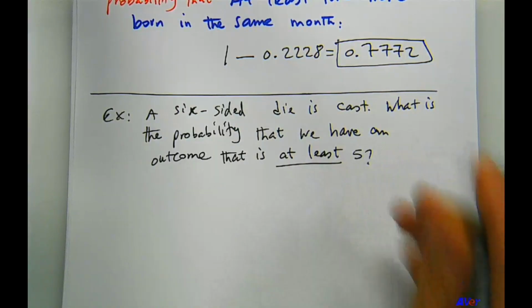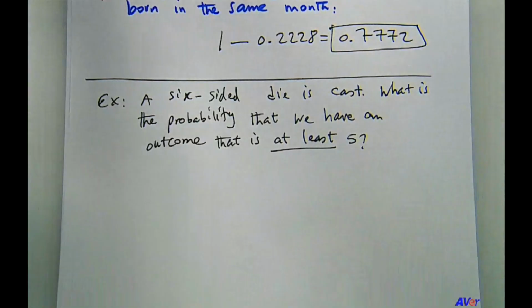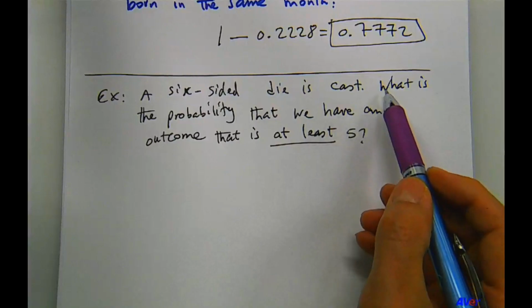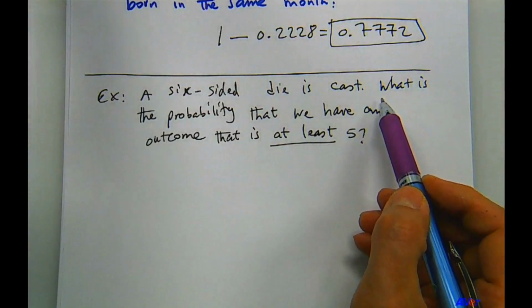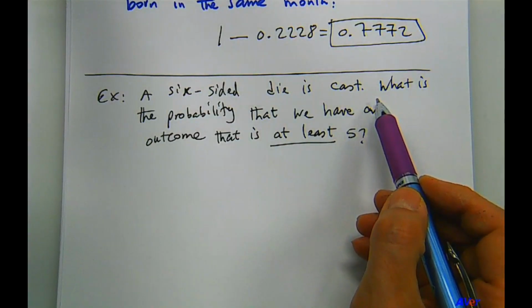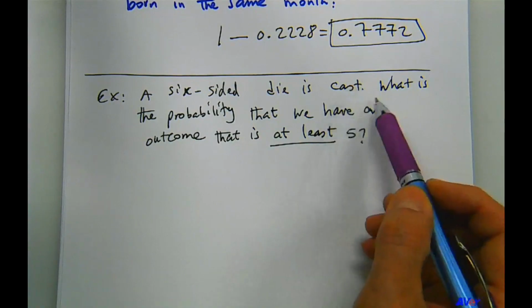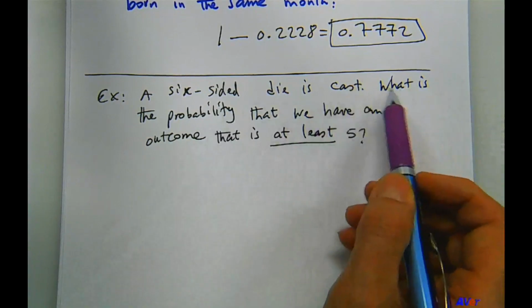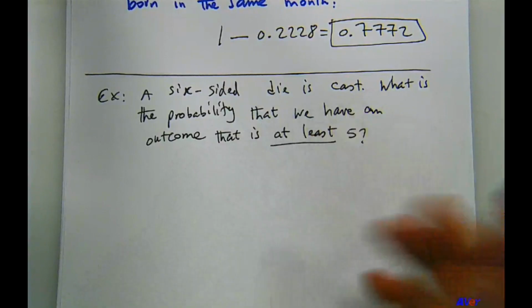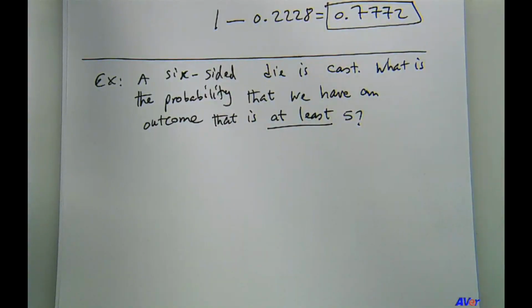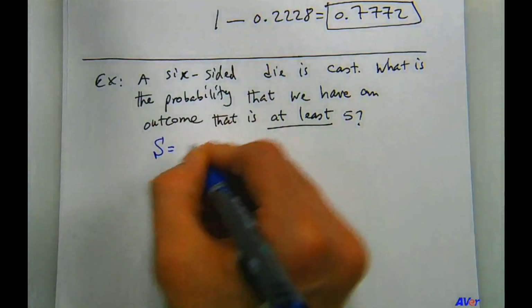At least 5. Okay. So we're casting this, let's see, how many times does the problem tell us? It doesn't, okay, so we have that cast. What is the probability that we have an outcome that is at least 5? Okay, so a 6-sided die, what is the sample space for a 6-sided die?